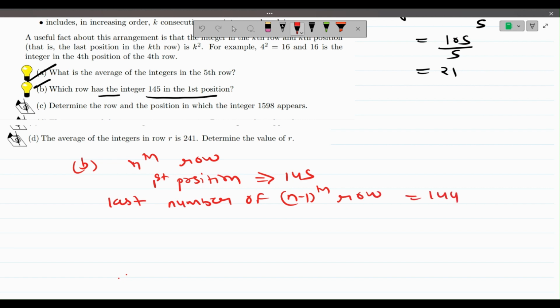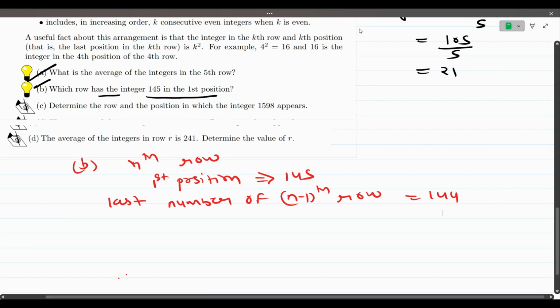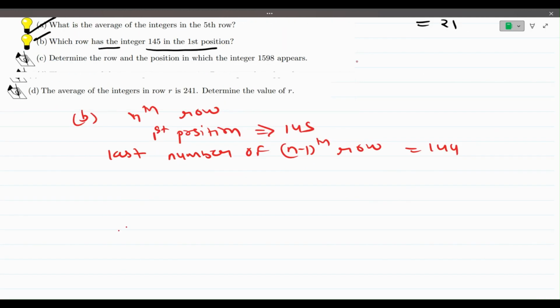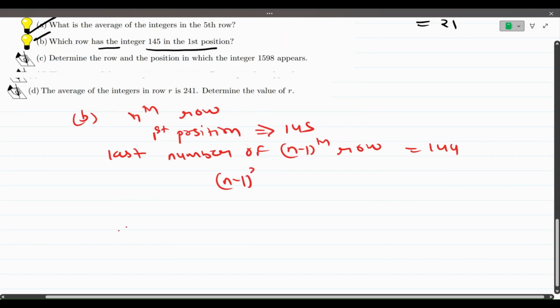And we know that the last number is always a perfect square. So we can say that the square of n minus 1 is 144, so n minus 1 is 12. So n is 13. So 145 is the first number of the 13th row.